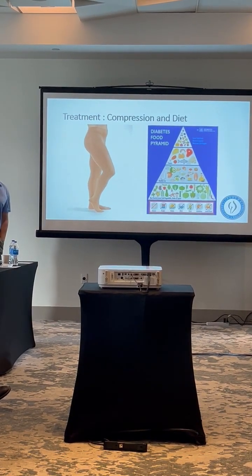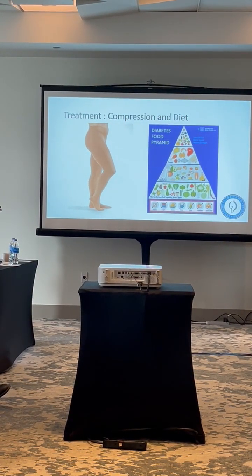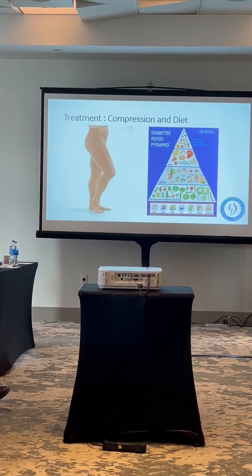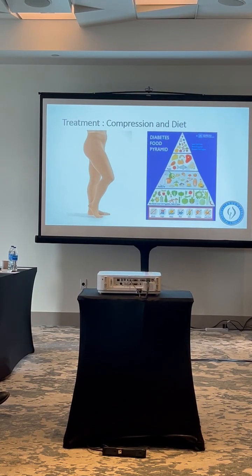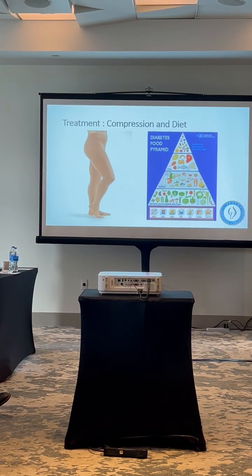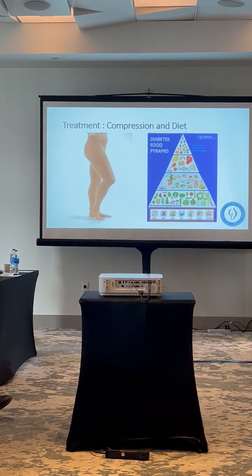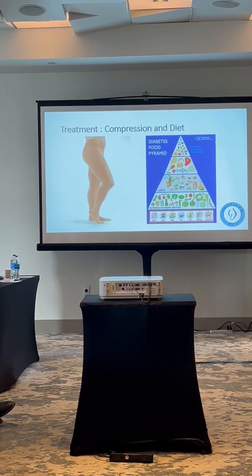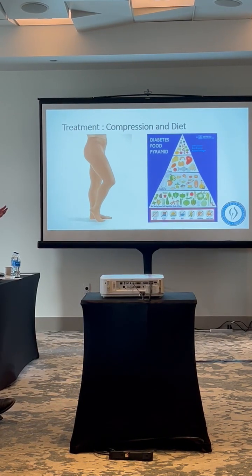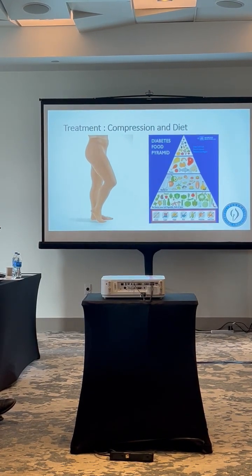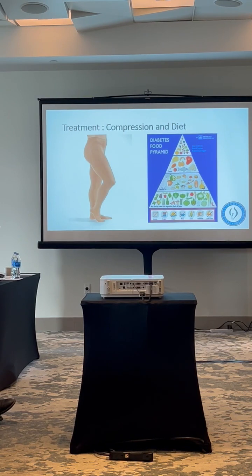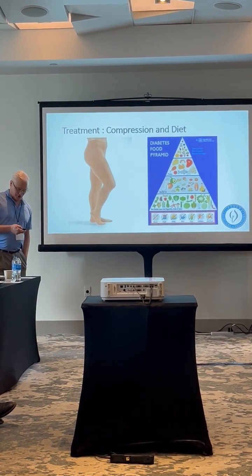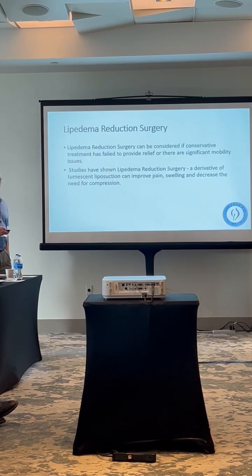The conservative treatment for both is compression, medical grade compression, and then also a low refined carb diet. Well, I call it an anti-inflammatory diet, because you use more whole foods, less processed foods, and I almost launched into my spiel, but I'm going to save that for another day.